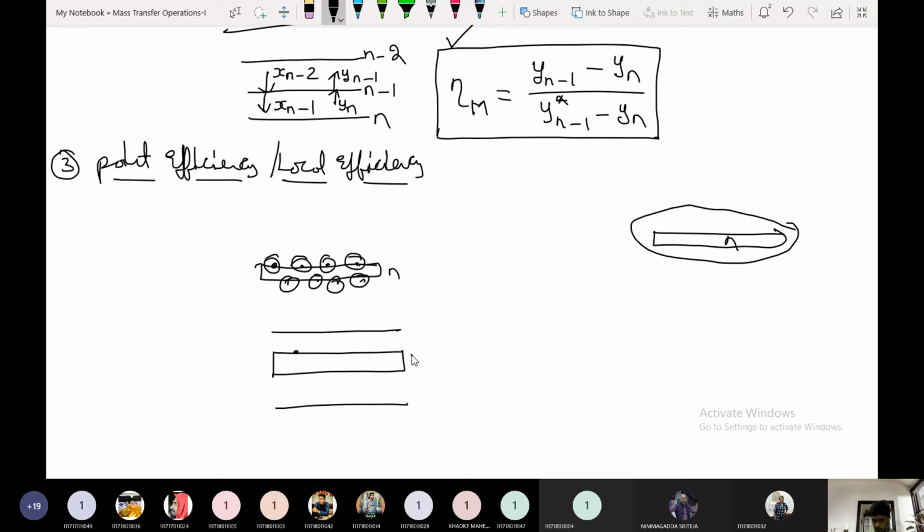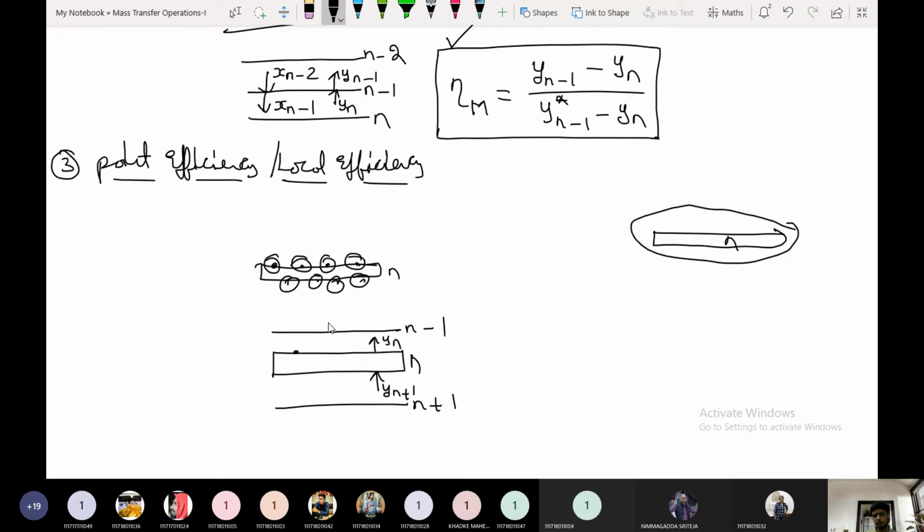This one is the nth plate, this is the n plus 1 plate, and this is the n minus 1 plate. The vapors rise from bottom to top. The vapors from the n plus 1 plate touch the nth plate, and this plate liberates vapors with composition yn.